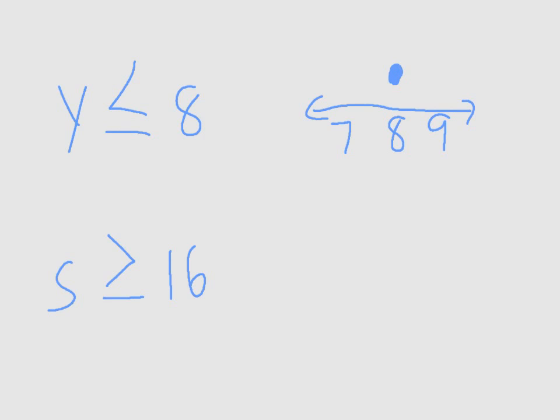So I want numbers that are less than or equal to 8. And you can kind of see that if you write it a certain way, it looks like equal to also. I want all of the numbers that are to the left, or less than 8, and including 8 because I have a closed circle.